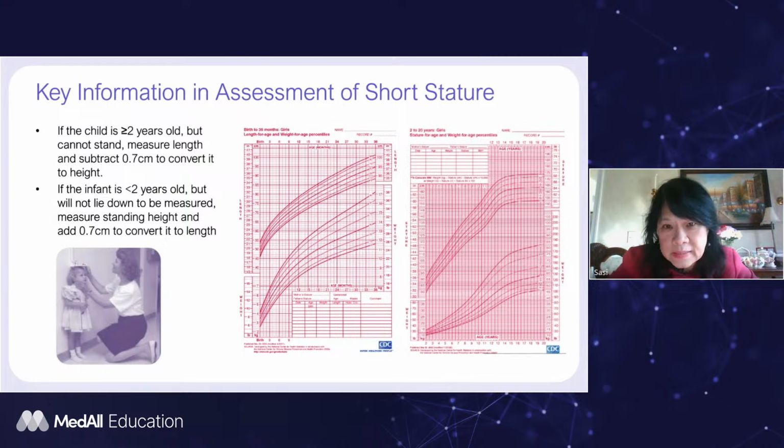We can see here there are 2 types of growth chart: birth to 36 months, which is for supine length, and the growth chart for 2 to 20 years, which is for standing height.